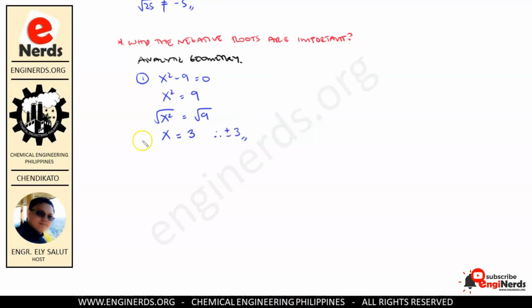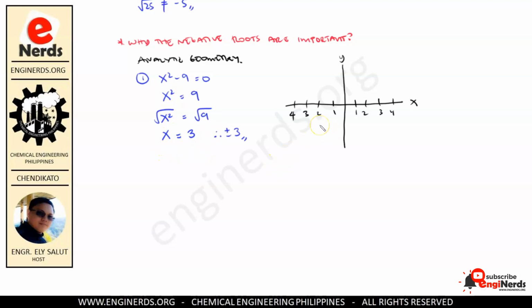And I will show you an example, because if you graph this equation, you will have it like this. This is our y coordinate and this is our x coordinate. Okay, then you have 1, 2, 3, 4. Then 1, 2, 3, 4. And the value of x here represents kung saan magmi-meet yung ating curve and yung x-axis.